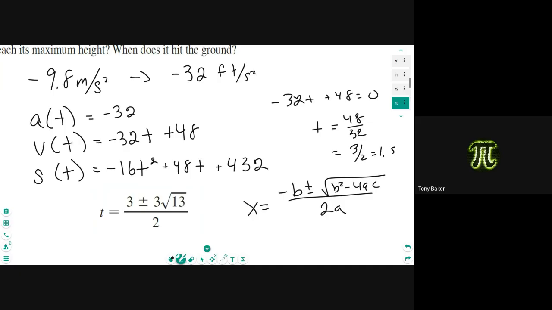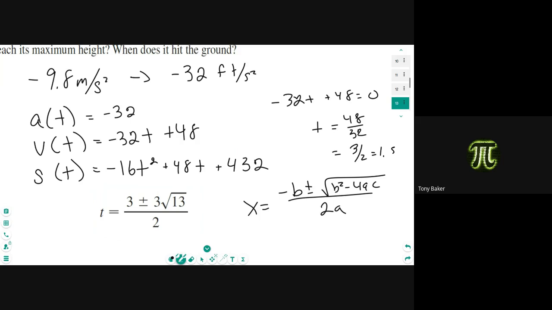That's what the teacher would have talked about. It's like, okay, why can't we have this? It's a realistic situation. It's going to be in the ground. In most situations, yes, it'll always be the plus version. Depending on how the object is thrown or tossed, it might have actually started at 0.